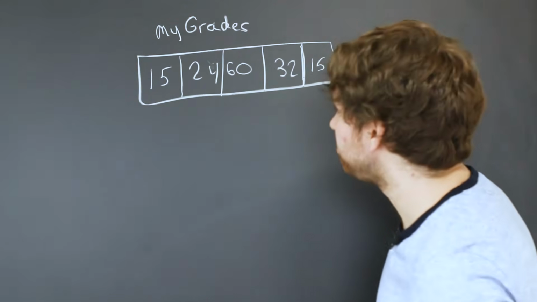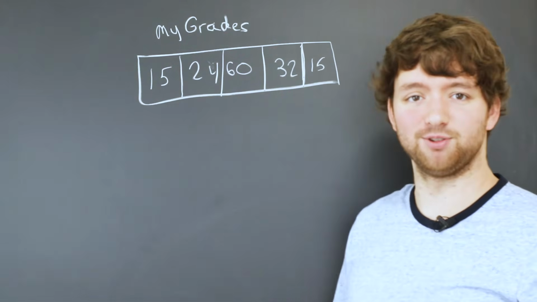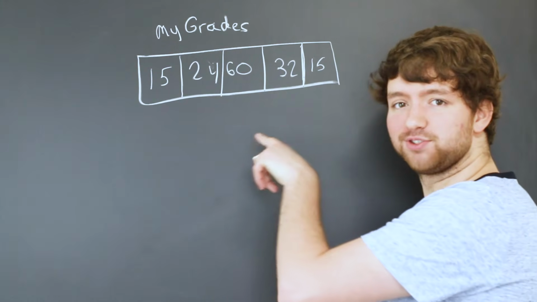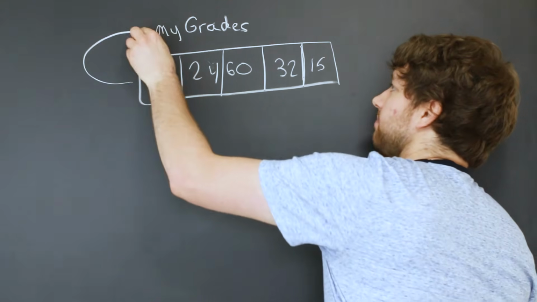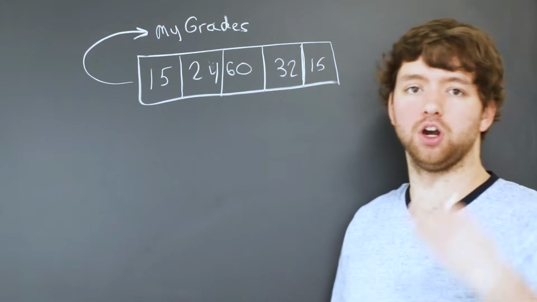And as you can see, my grades are drowning because they're all below sea level. This allows us to store multiple grades inside of one thing. So this is my grades, and my grades in this situation is an integer array.